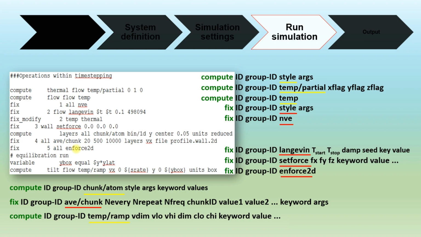The meaning of vdim, vlow, vhigh is velocity dimension, lower velocity bound, higher velocity bound respectively, and subtract this velocity from clow and chigh region. Clow and chigh define the region from which to subtract this velocity.